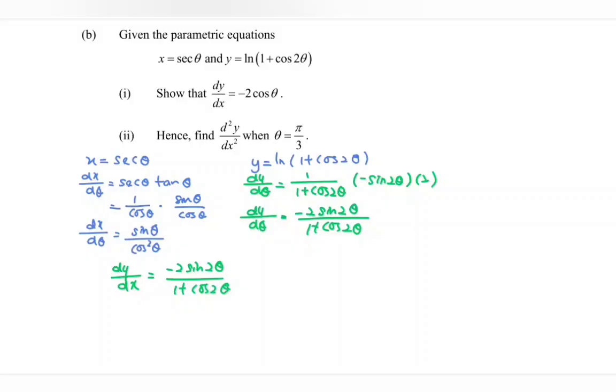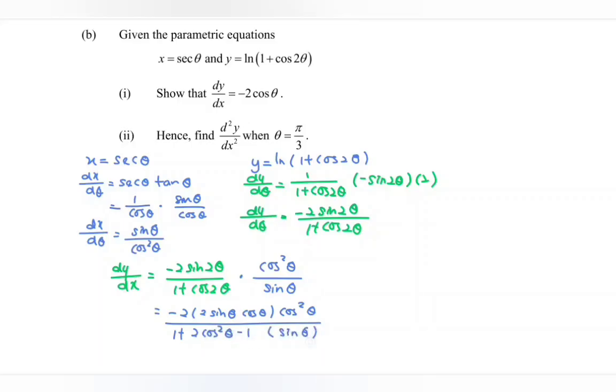So do remember to flip the situation. So here we will have cos squared θ plus sine θ. So try to simplify the situation. Negative 2 bracket, we have 2 sine θ cos θ multiplied with cos squared θ over 1 plus 2 cos squared θ minus 1, multiplied with sine θ.